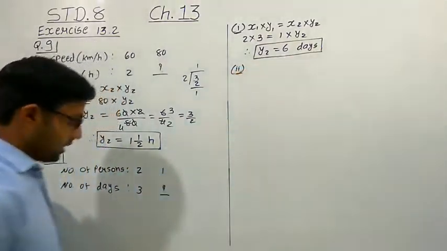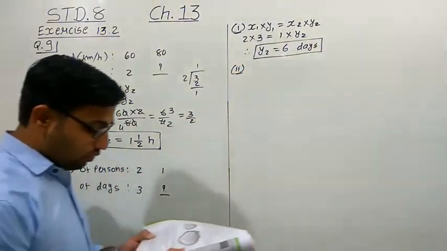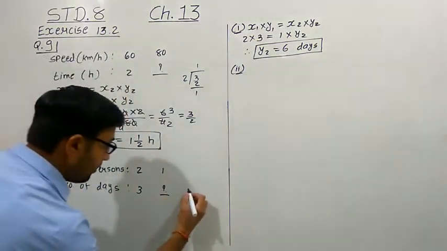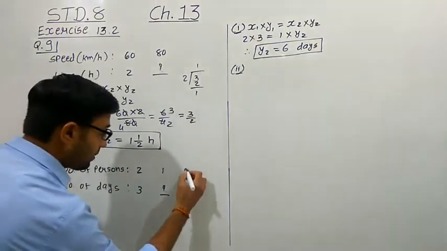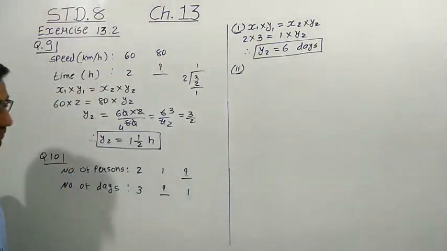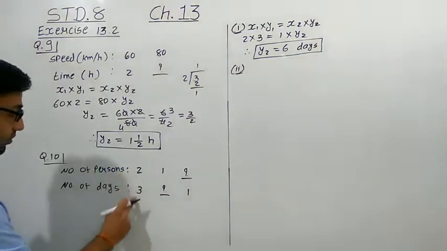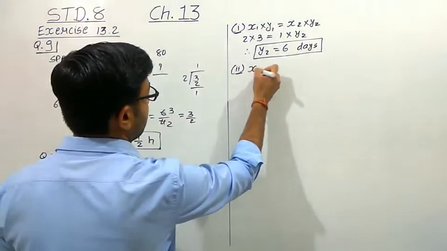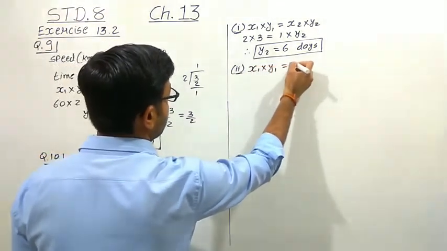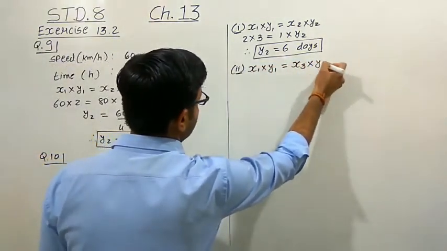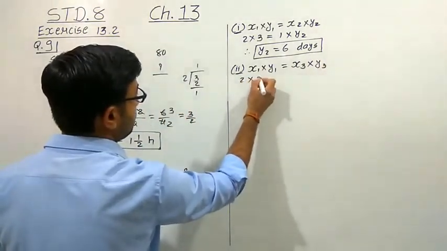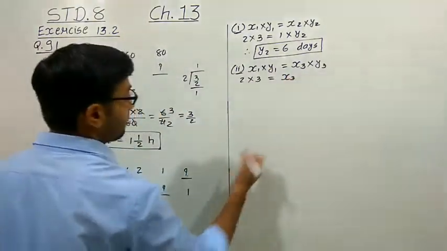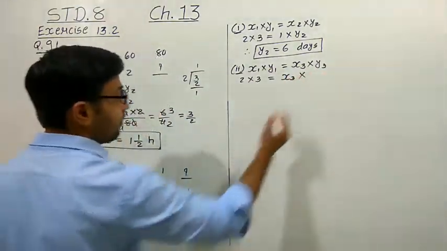Now the second case is: how many persons would be needed to fit the window in one day? Here the number of days given is 1. Then how many persons are required to complete the work? Here also we can compare x1 y1 with x3 y3. So x1 into y1 is equal to x3 into y3. Here 2 into 3 is equal to x3, which we have to find out, that is the number of persons, and y3 is the number of days.